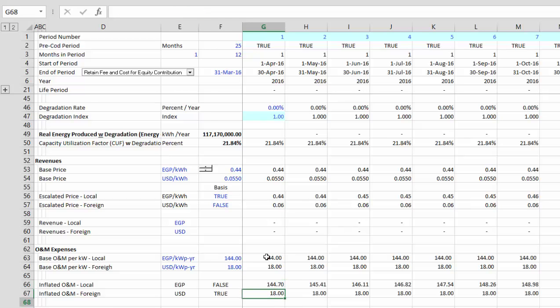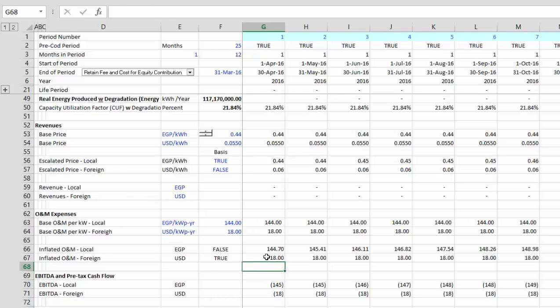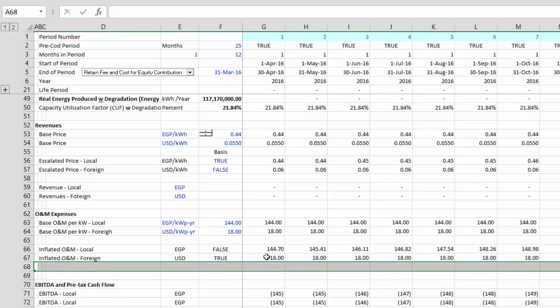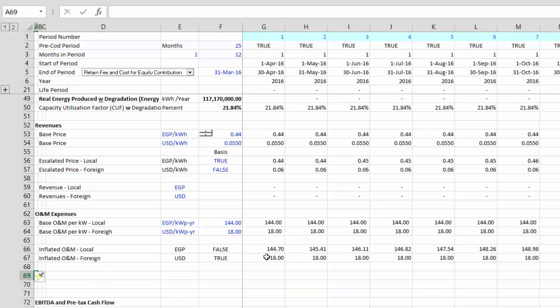Now, unfortunately, I need to add a couple of lines, and then we'll put local, and then we'll put O&M in foreign currency. That's the idea.